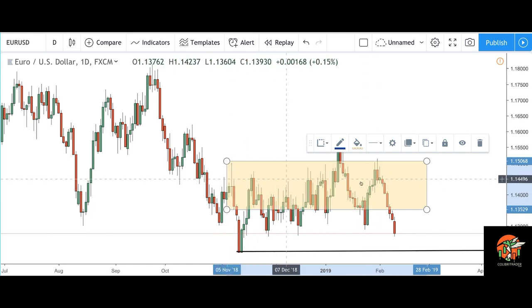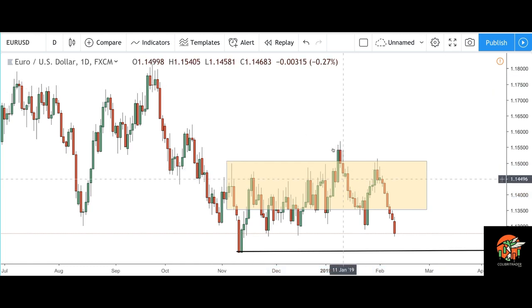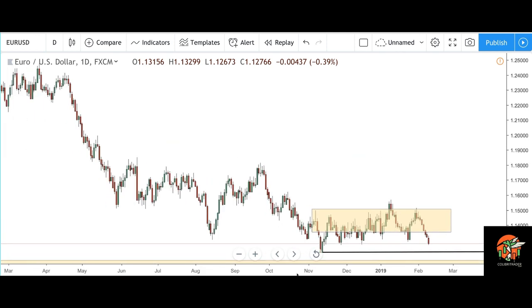This is a supply zone, and according to my rules, I'll be looking for a breakout above the upper range of this supply zone, and then confirmation from price action. We had this inside bar here, and as you can see, the price went down. Then it's quite common to see the price going back up to the middle of the range. In this case, it went almost to the top of the range of this supply zone, and currently we are in a small short trend.